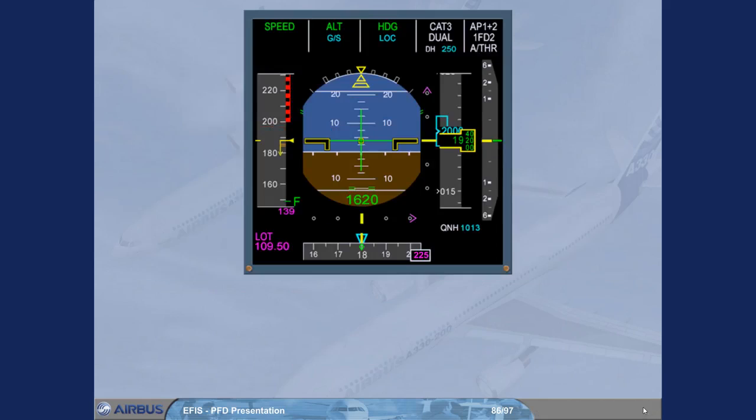On the bottom left corner of the PFD appears ILS identification, ILS frequency, and sometimes distance if the ILS has a DME. ILS deviation information is displayed in the form of localizer and glide slope deviation scales. The ILS front course will be displayed in magenta at the side of the compass scale, if the figure is outside the visible scale.